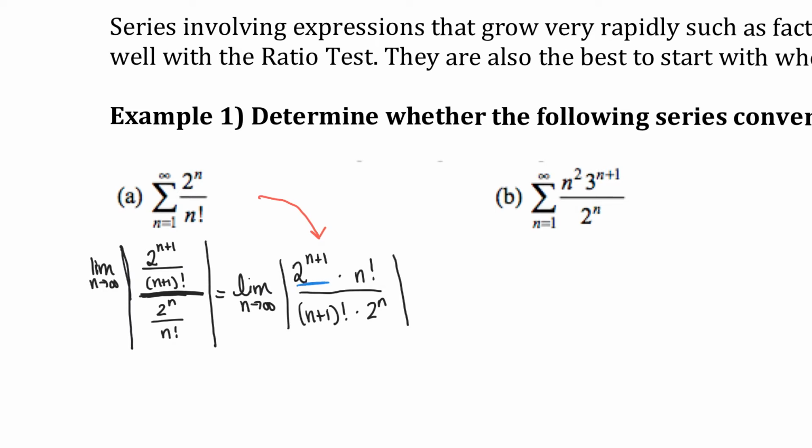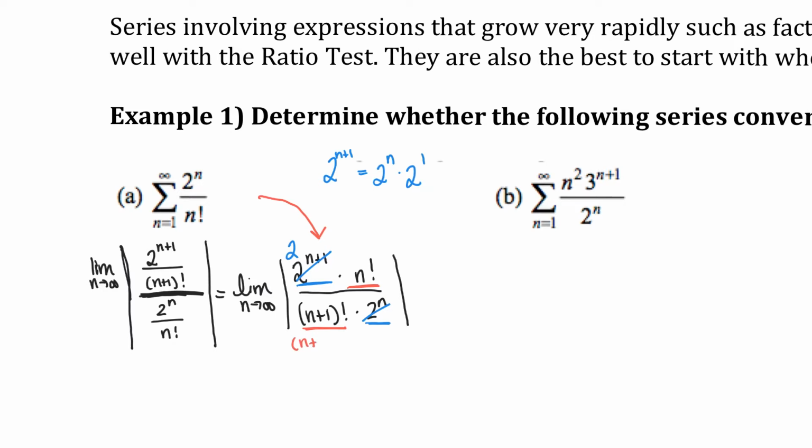Consider my 2 to the n plus 1 over 2 to the n. So remember, 2 to the n plus 1 is the same thing as 2 to the n times 2 to the 1. So therefore, you have a 2 to the n canceling out, and this right here would just leave me with 2. And then think about the n factorial over the n plus 1 factorial.